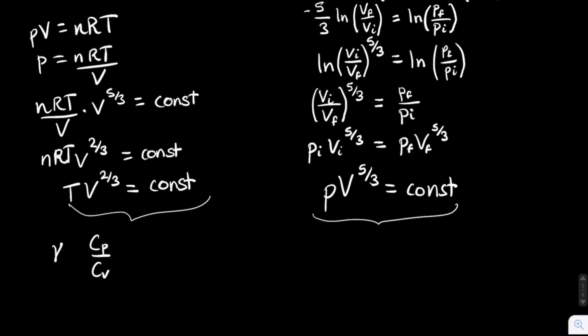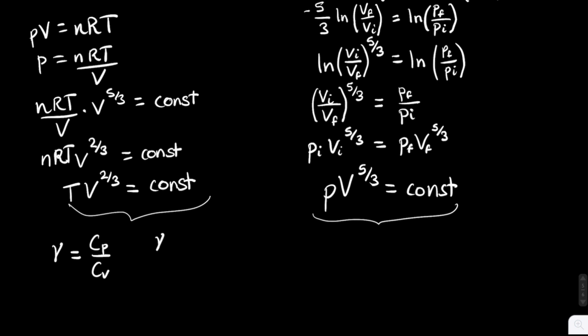Remember, CP was 5/2 multiplied by R, and CV was 3/2 multiplied by R. And when we took the ratio, you get 5 divided by 3, which is 5/3. And so we define this to be gamma, and that's only true for a monatomic ideal gas. If you had a diatomic ideal gas, you'll actually get 7/5 as gamma.